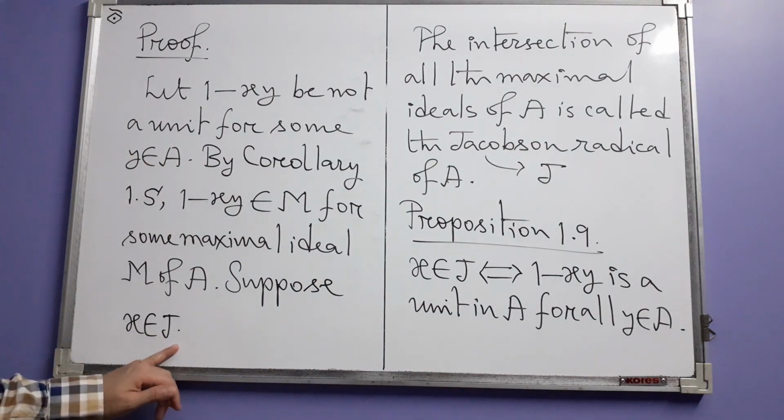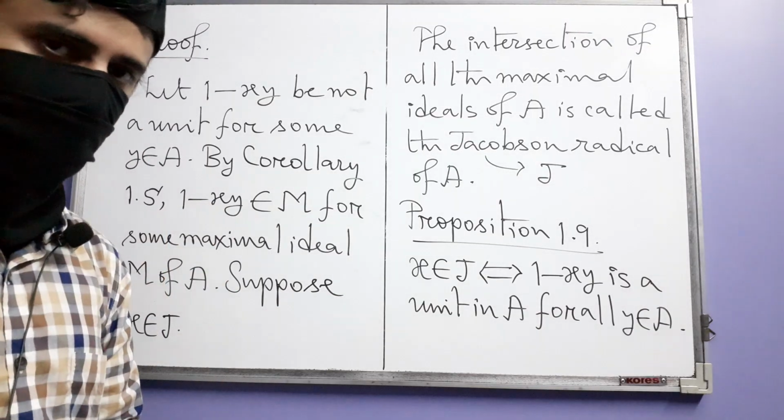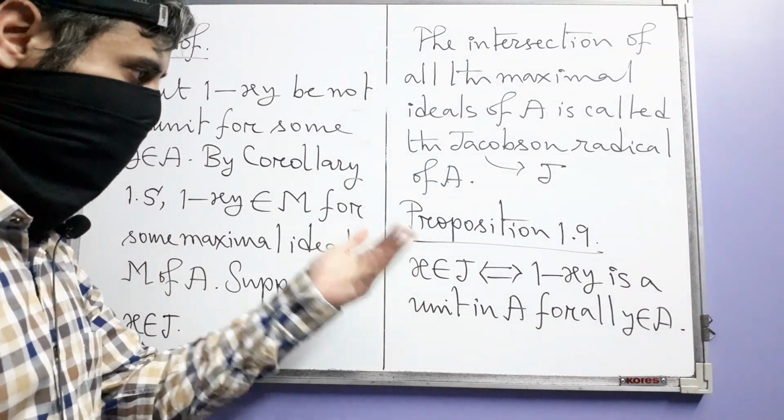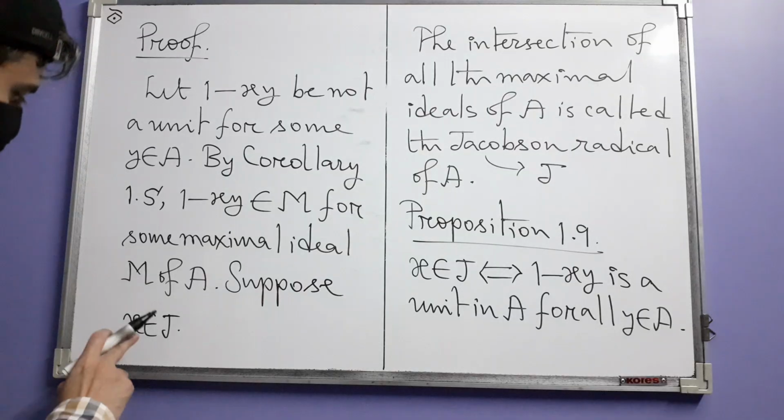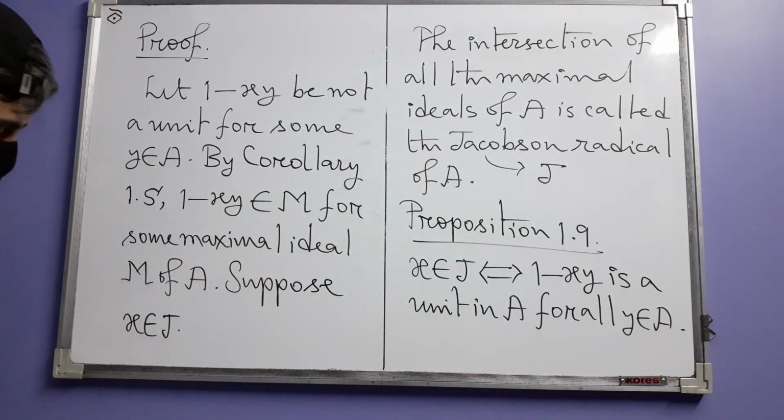Now what is J? J is the intersection of all the maximal ideals. So x will be in every maximal ideal. In particular, x will belong to M as well.